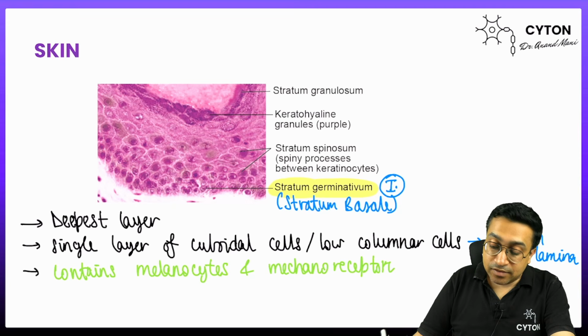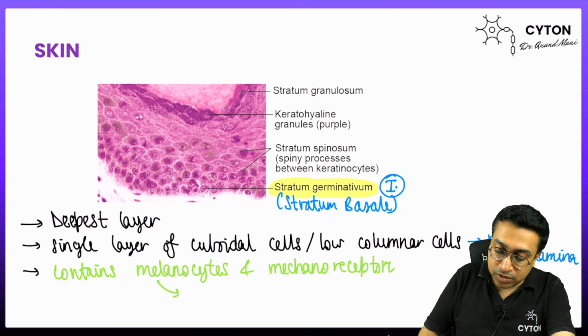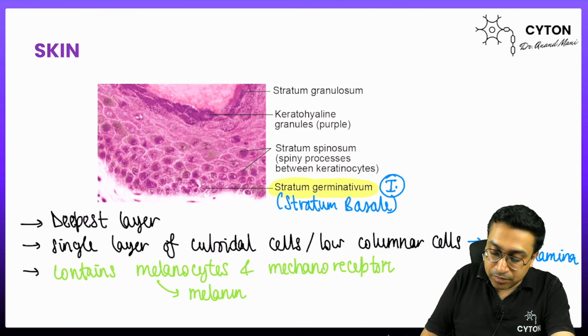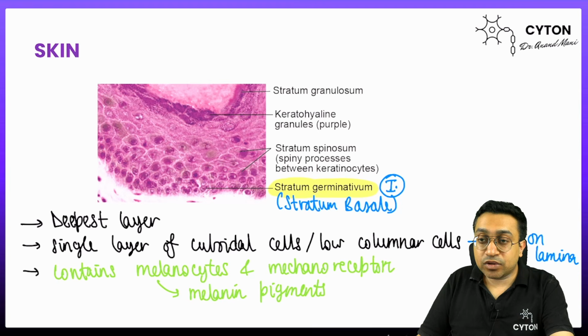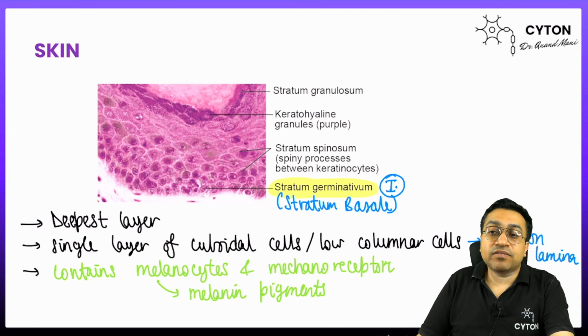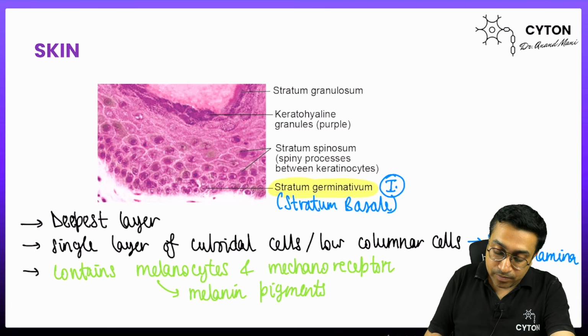So these cells will show the melanin pigment. About this pigment also you will read later in detail. So this is one thing which actually gives the color to the skin also, and these cells divide mitotically to give rise to keratinocytes, which are the cells of the skin.